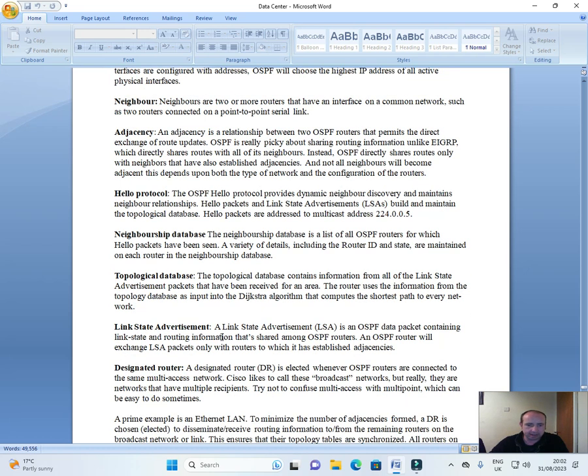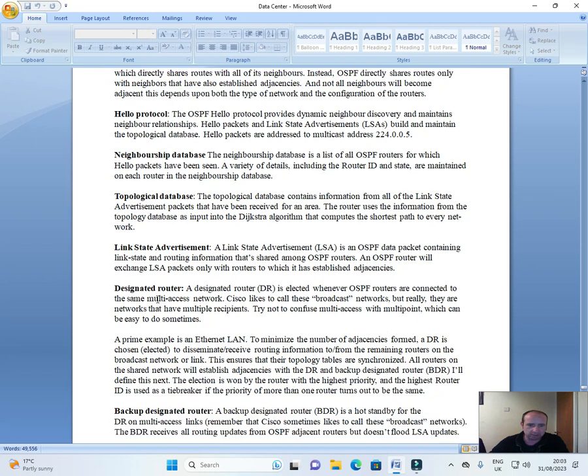Link state advertisement. A link state advertisement, LSA, is an OSPF data packet containing link state and routing information that's shared among OSPF routers. An OSPF router will exchange LSA packets only with routers to which it has established adjacencies.